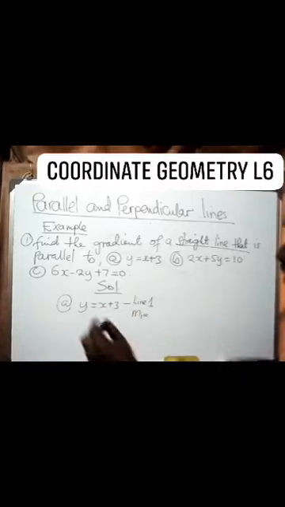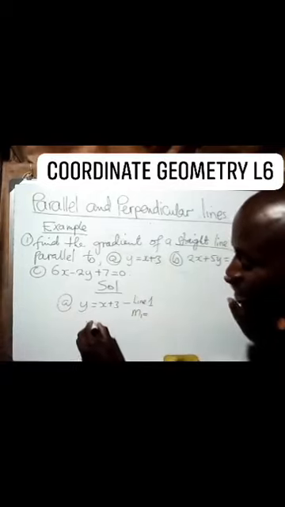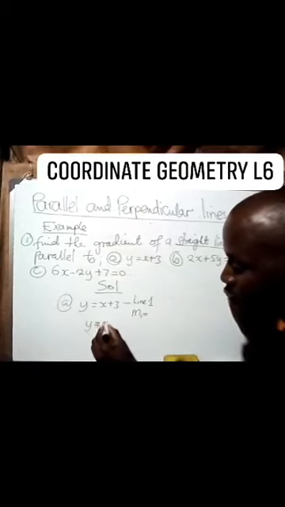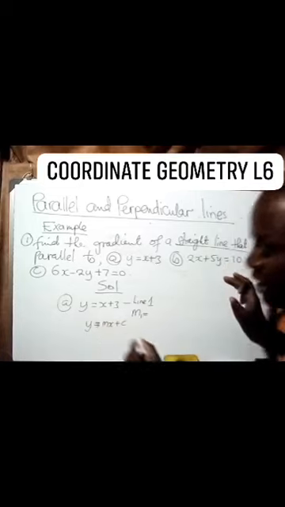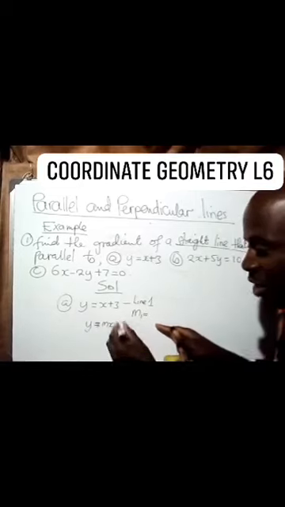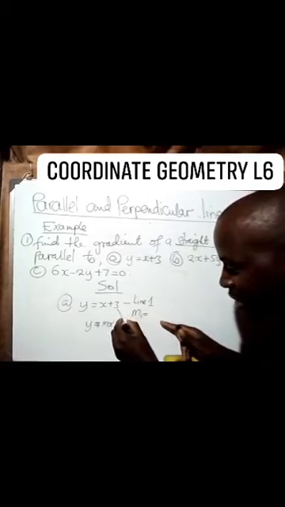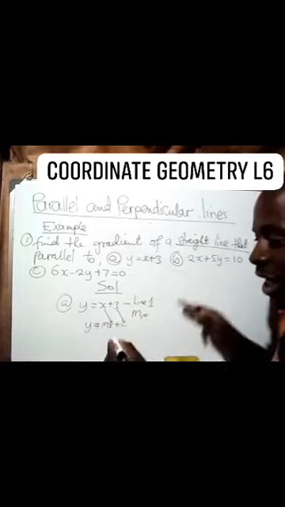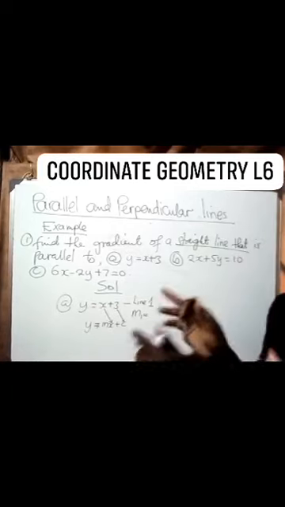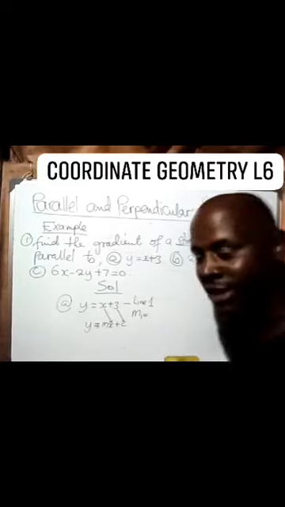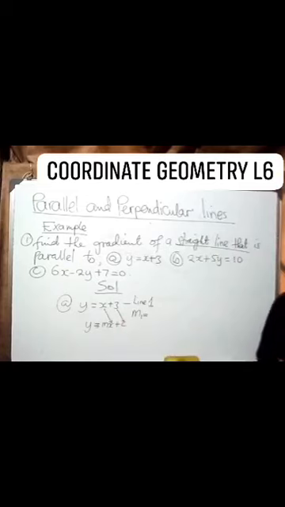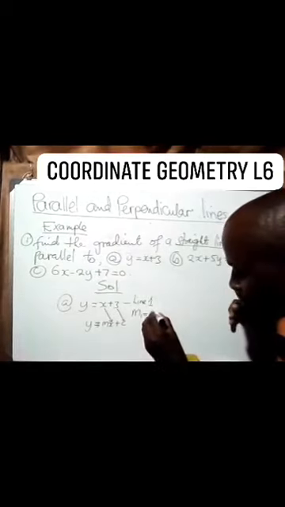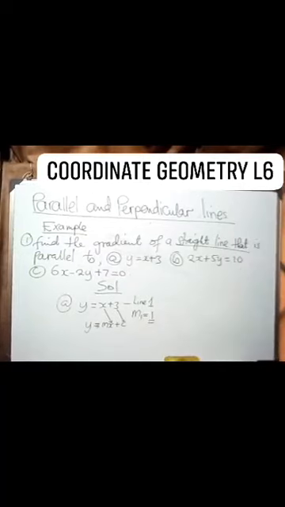Remember the equation of the line is always in the form of y is equal to mx plus c, where c is the intercept. So in this case, our c is this, then our x is this. Now, what is our m? Our m is the coefficient of x. In this case, the coefficient of x is 1.